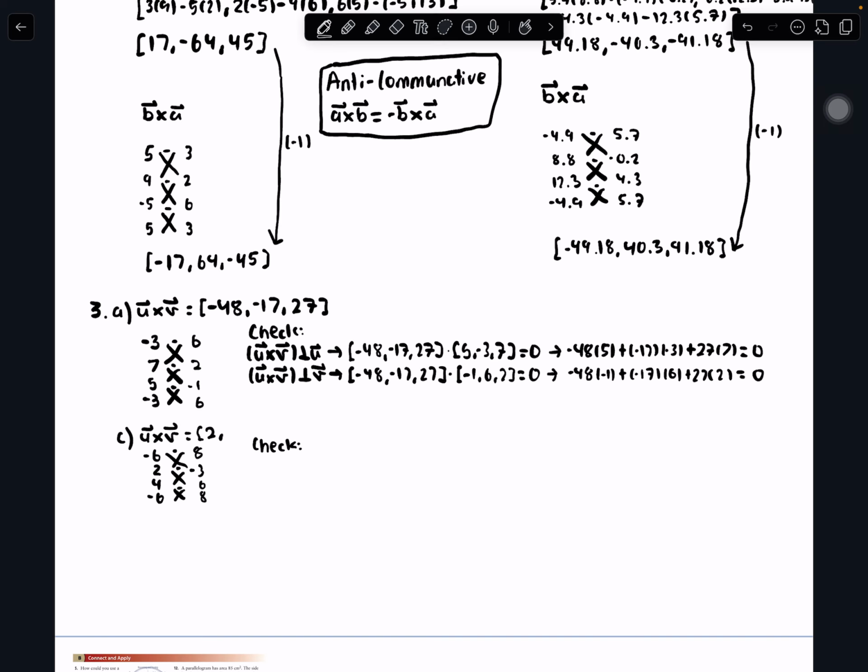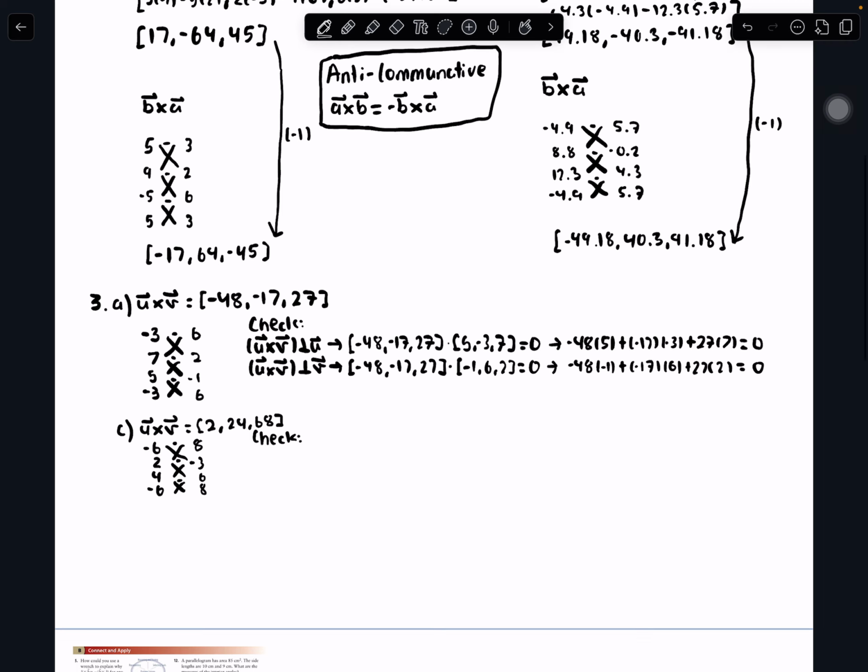We get 2. 2 times 6 minus negative 3 times 4, 24. Okay. And what do we get next? 4 times 8 minus 6 times negative 6. We get 68. Perfect. That's what U cross V is.